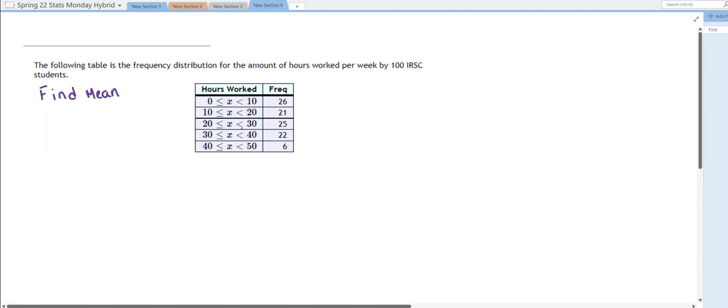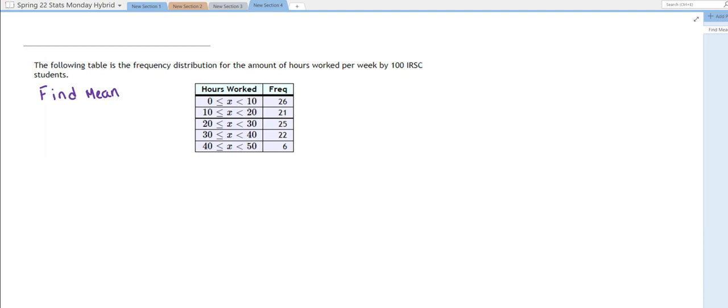Okay, so this is grouped data because you have this grouping here, 0 to 10, 10 to 20, 20 to 30, 30 to 40, 40 to 50. So our formula for grouped data is going to be, well, actually, first of all, is this a population or a sample?